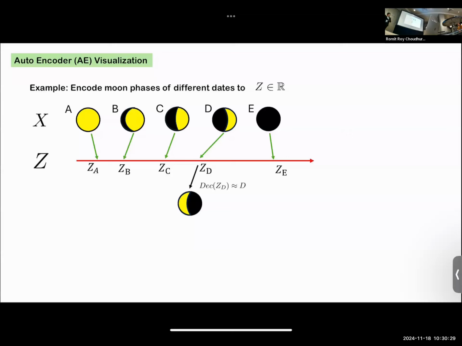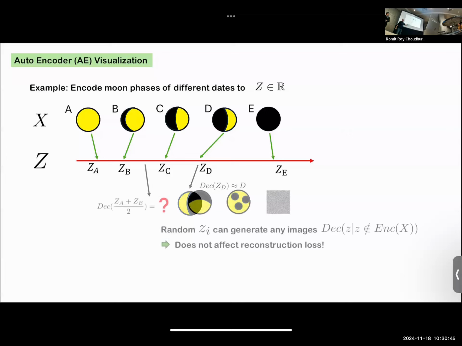And if you have this rule, ZA for image A and ZB for image B, what is the goal of a generative model? The goal of a generative model is, if I take this point and give it to the decoder, what should it give me? Something between these two images. That's my goal.